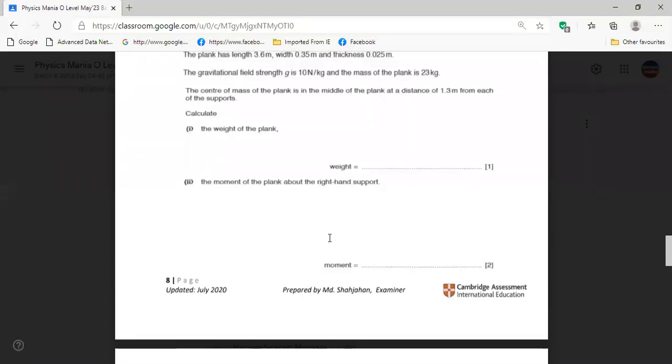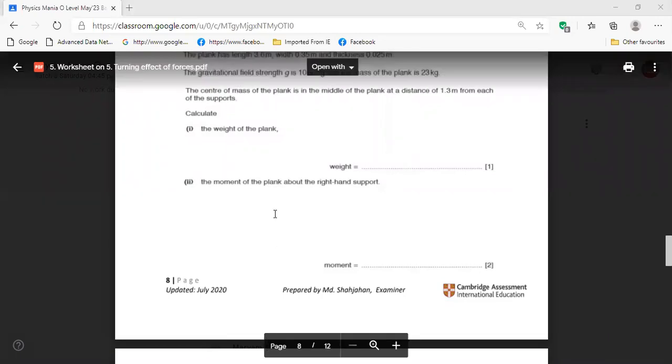No, you do not need to divide it. Multiply it, 230 times 1.3. Moment equals force times distance from the pivot, right? Your force is the weight, 230, and your distance is 1.3.